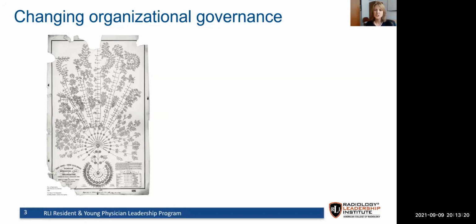Think about it. Communication was very manageable. And you could make sure that each of these little dots was operating in a way that the central organization decreed. And there was an acceptance of this very rigid organizational hierarchy. And I think in medicine, we have possibly held on to some of those rigid organizational hierarchies longer than in the business world.